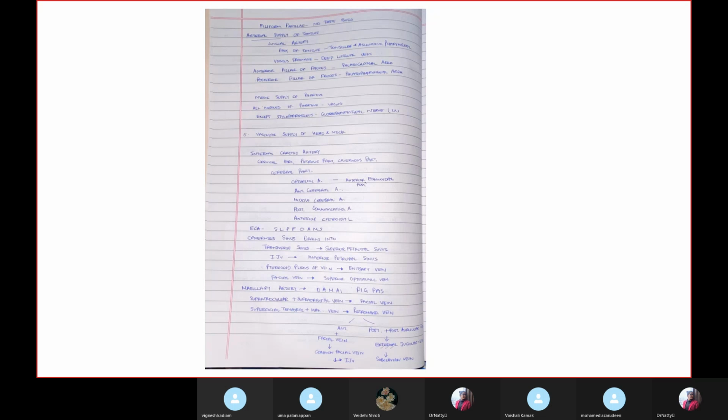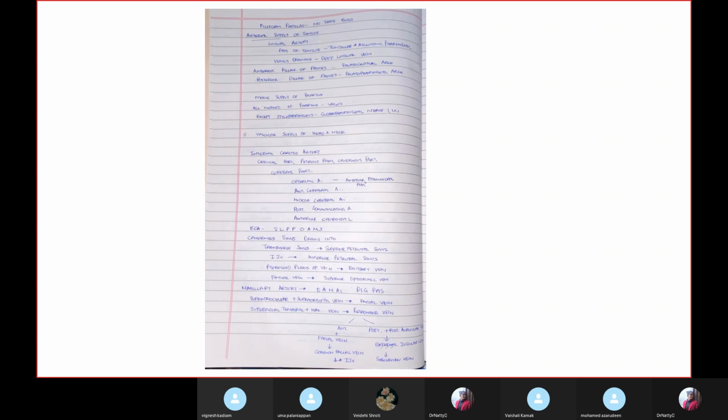And apart from the ophthalmic artery, you should know 2 branches of the ophthalmic artery. The reason for that is, these artery names almost sound like they are branches of external carotid artery, because remembering the branches of external carotid artery itself is very difficult. For maxillary artery, we have a mnemonic like Damai, Picpas.